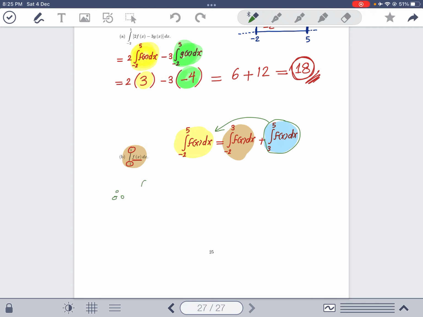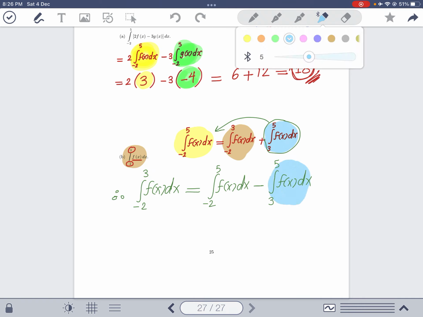Therefore, the one that you're after, the one from -2 to 3, is equal to the yellow minus the blue. Okay, and you know them. Remember, the blue is this one, and the yellow is this one, and they are both in your hands.